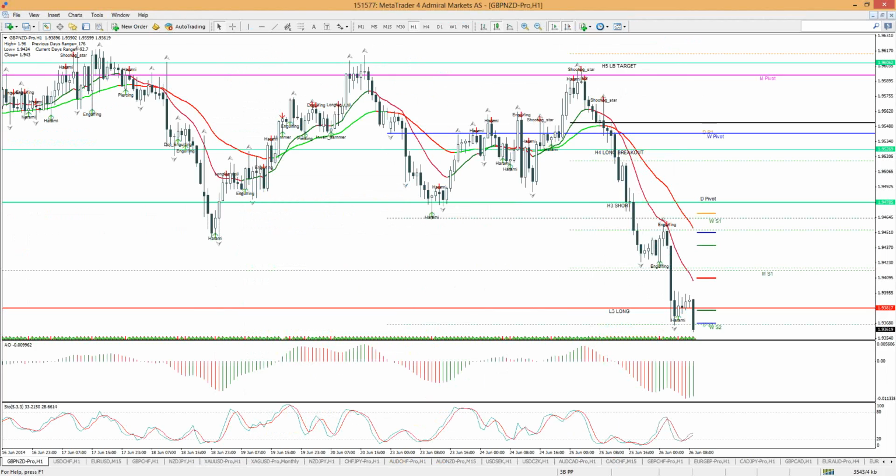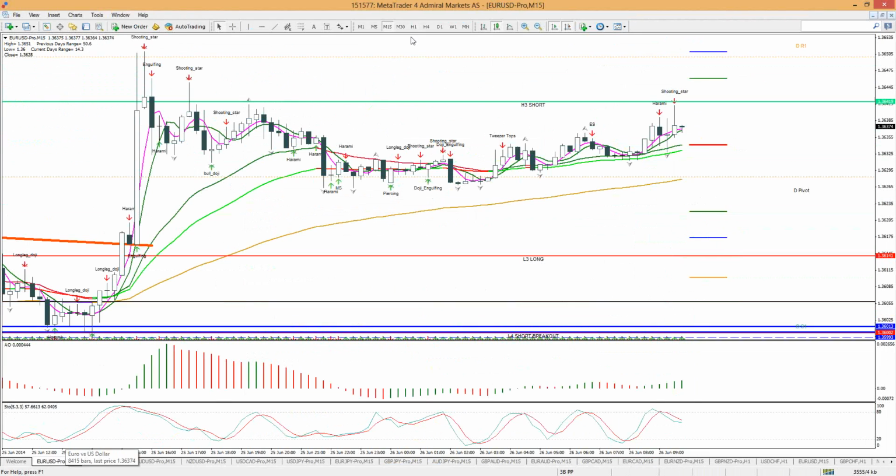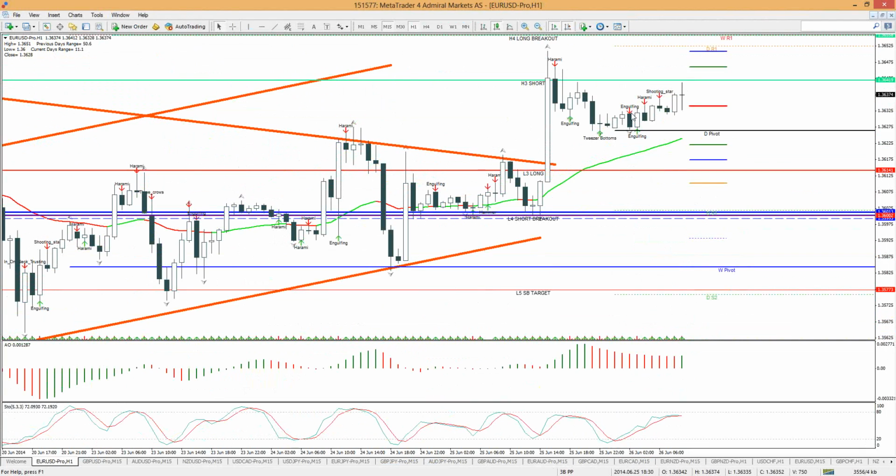Good. So let's go to our Forex market and take a look at what's going on. So looking for price action, we've got a price action indicator, a candlestick indicator. Yesterday we had some upside, but it has been choppy with the euro dollar.